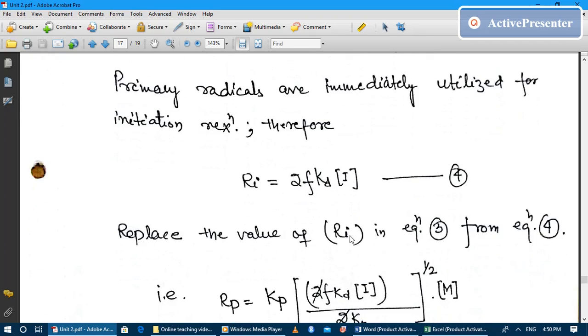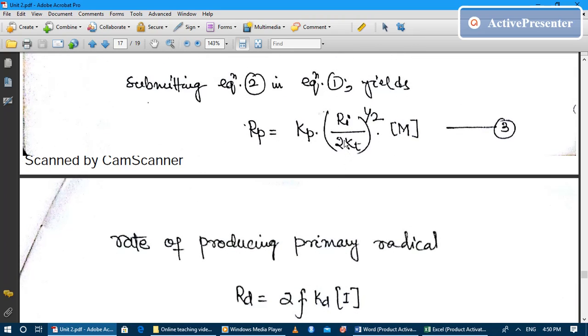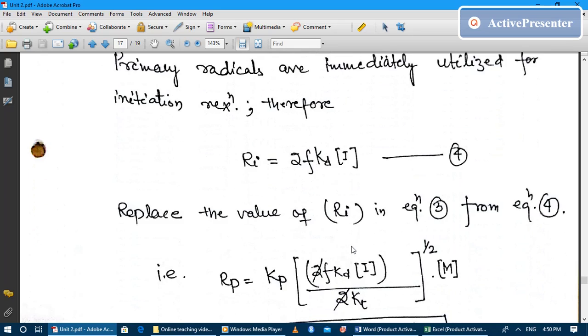Now replace the value of Ri in equation 3 from equation 4. In equation 3 we will put this value from equation 4. So here it is Ri; now instead of Ri we will put 2f Kd [I] concentration.